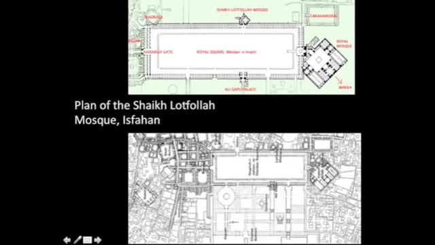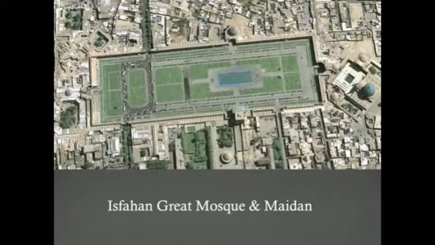So the courtyard locks into this town plan, and the mosque rotates off. And it's really quite lovely how this vestibule becomes almost like a hinge to favor the rotation of the building from one direction to another.